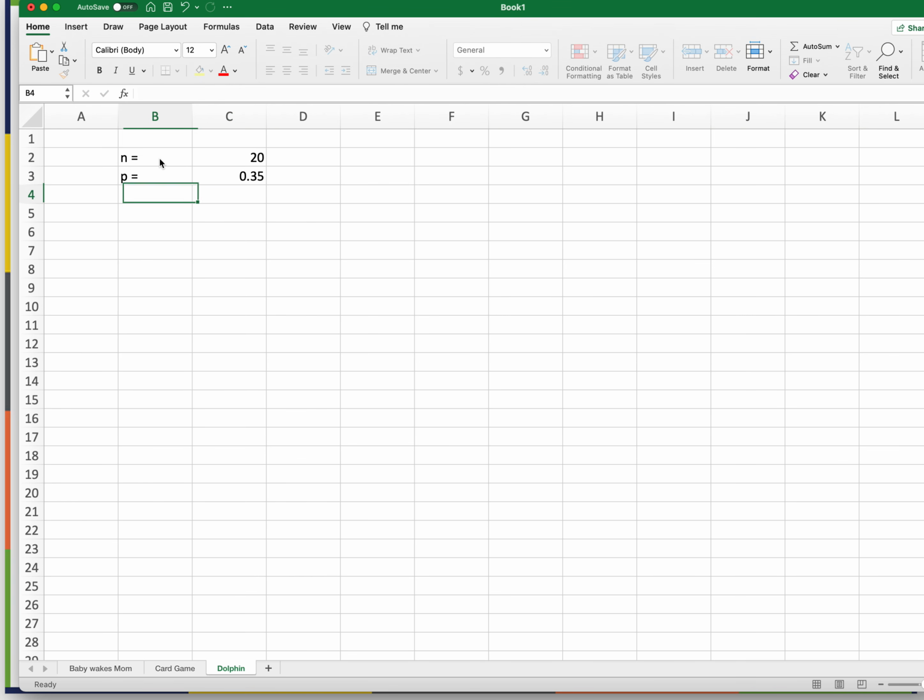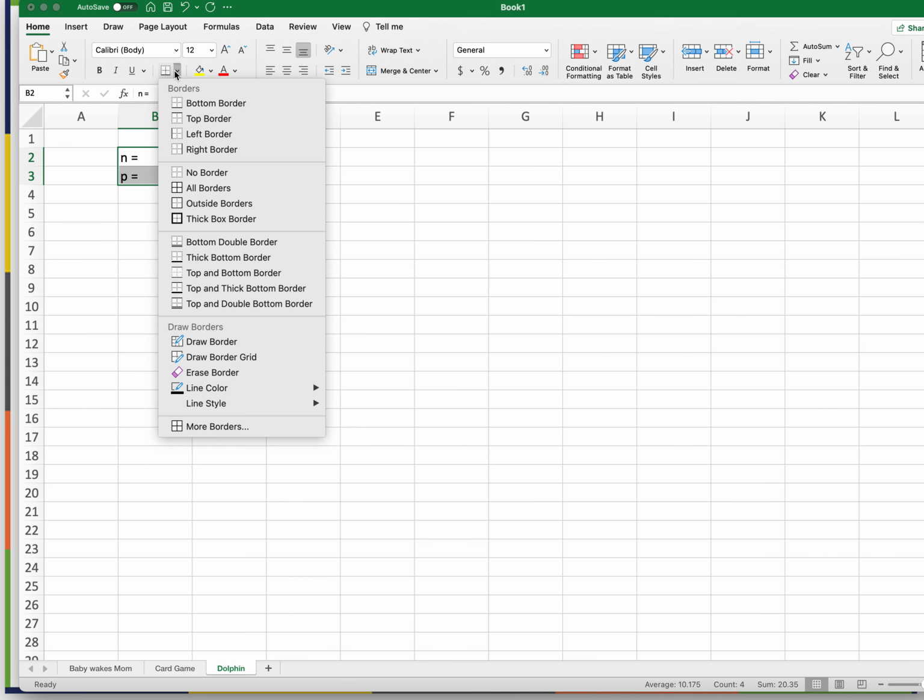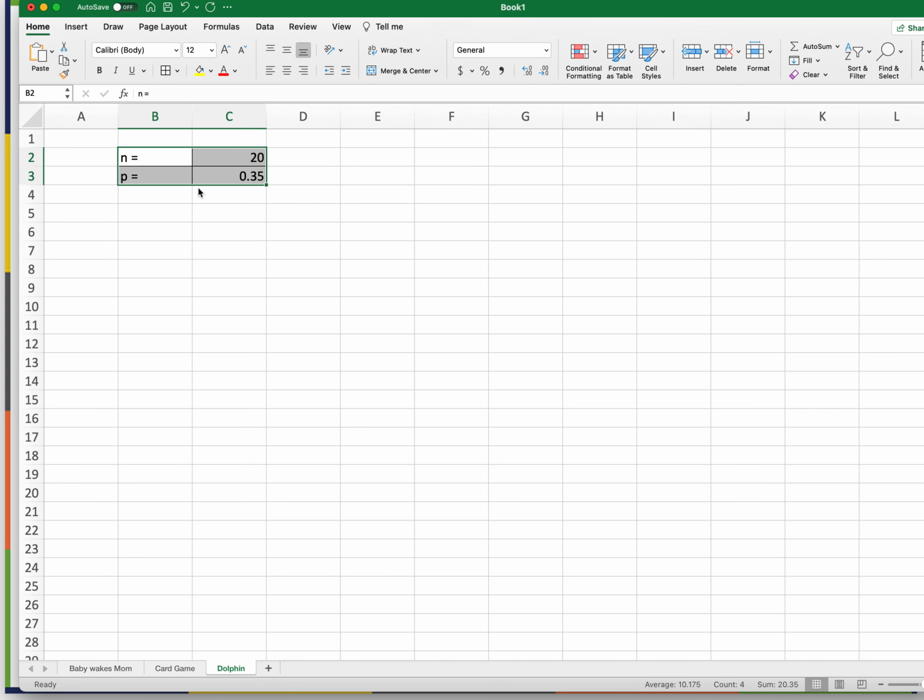Remember, I'm not using percentages anymore. They are not the same number of decimal places. That's okay, because this is a probability and this is a counting number. I'm going to put that in yellow, which means it's something that we can change.